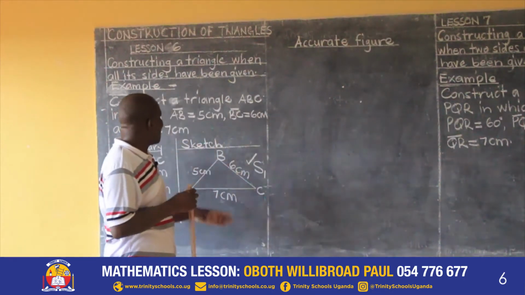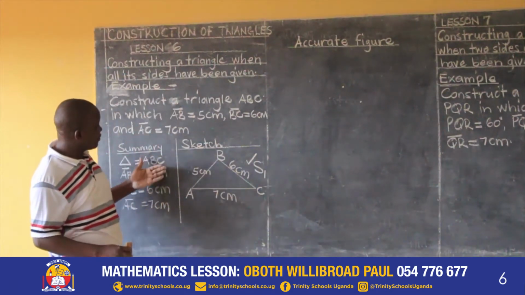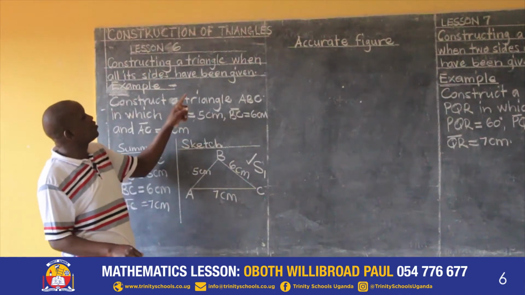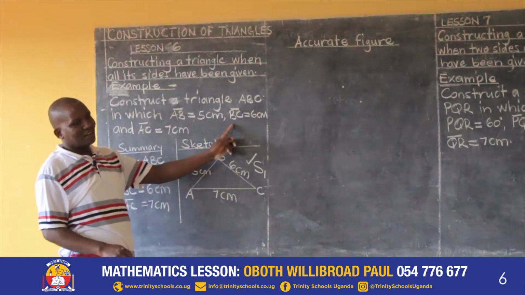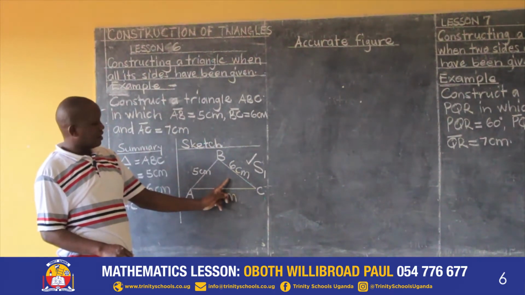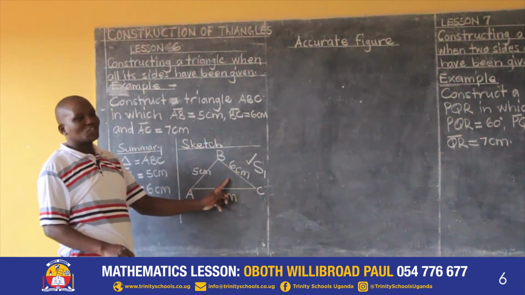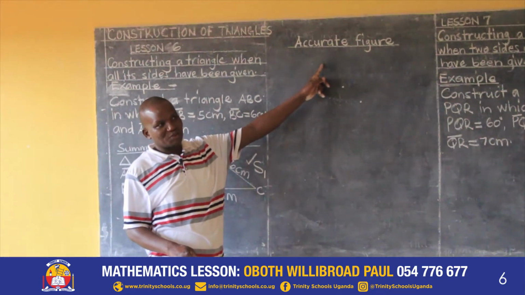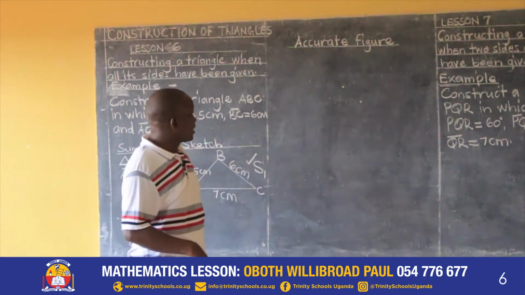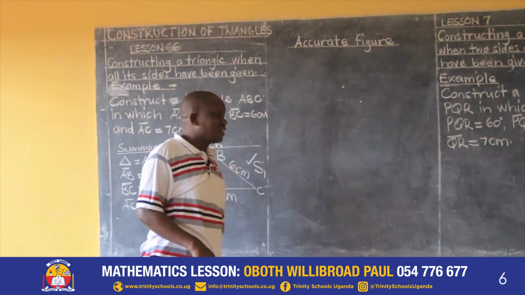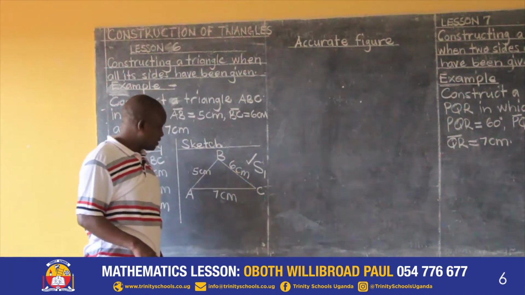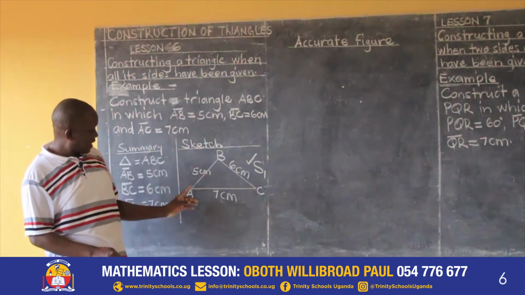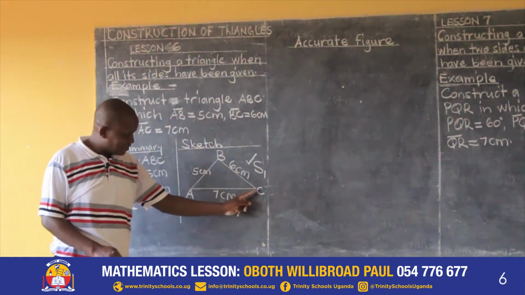If you summarize the information very well and you are really sure that this sketch is correct, you don't need to go back and read the question again. We simply get the information from the sketch and come up with our accurate construction. In our accurate construction, the steps that we have to follow are: start by drawing the baseline.